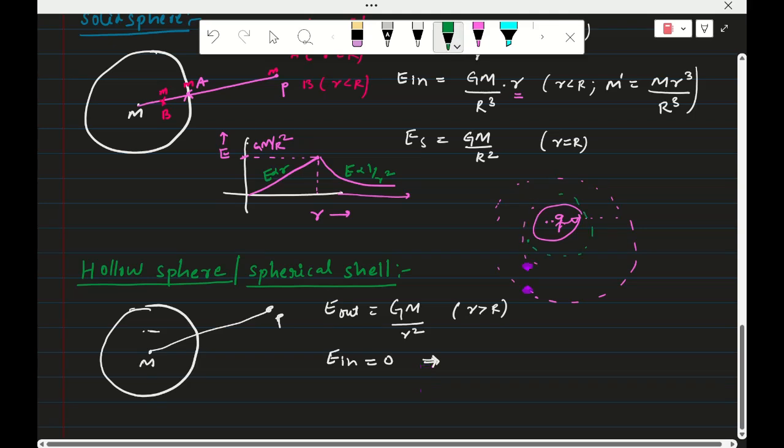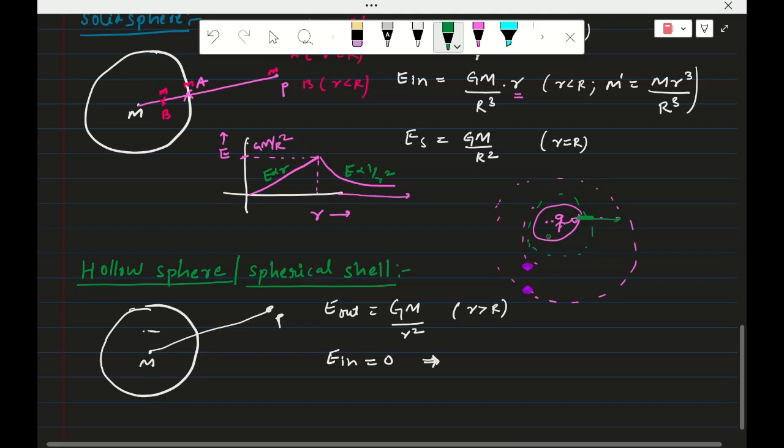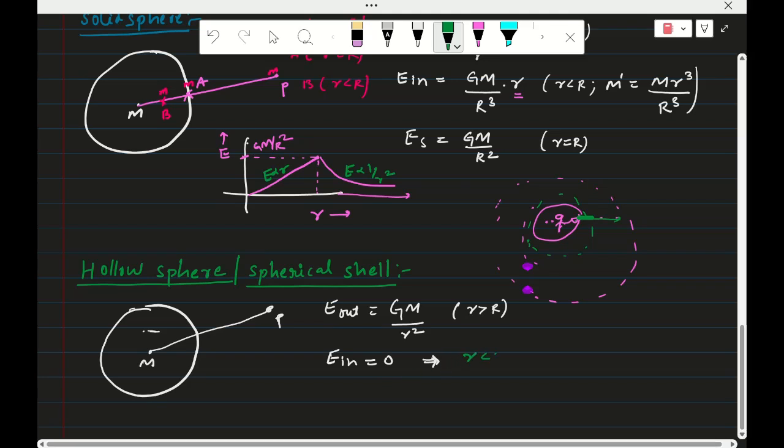The persons who are here will not get any effect, because the bullet will be going outward. So for whoever is inside this circle, there is no effect of this bullet, right? Similarly here also, the field inside is 0. I am telling you this to remember. And now this is r less than R.